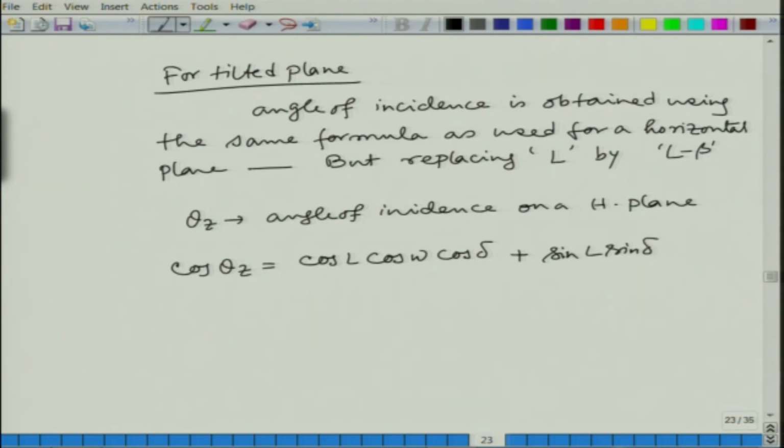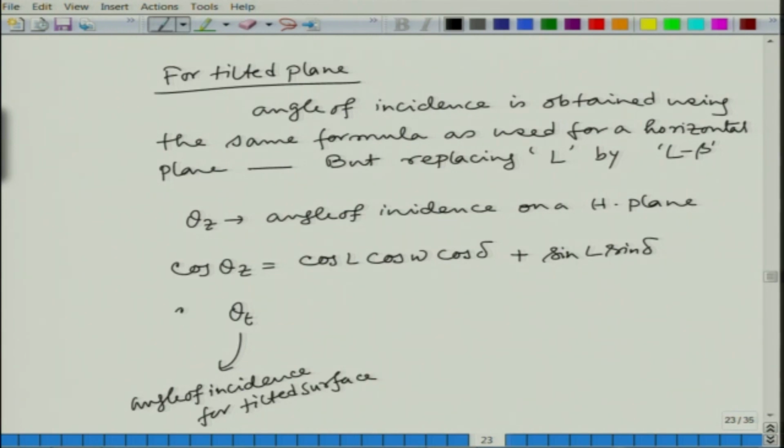Now, you want to find this angle of incidence, let us say that is theta t, t stands for tilted. So, this is angle of incidence for tilted surface.